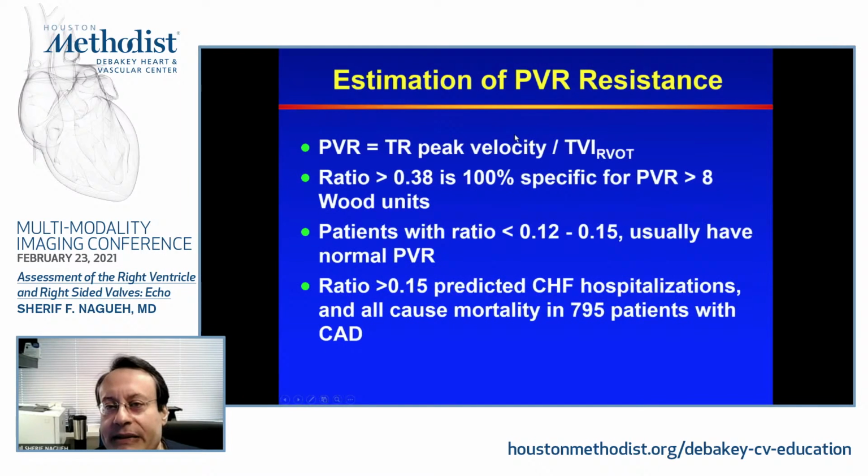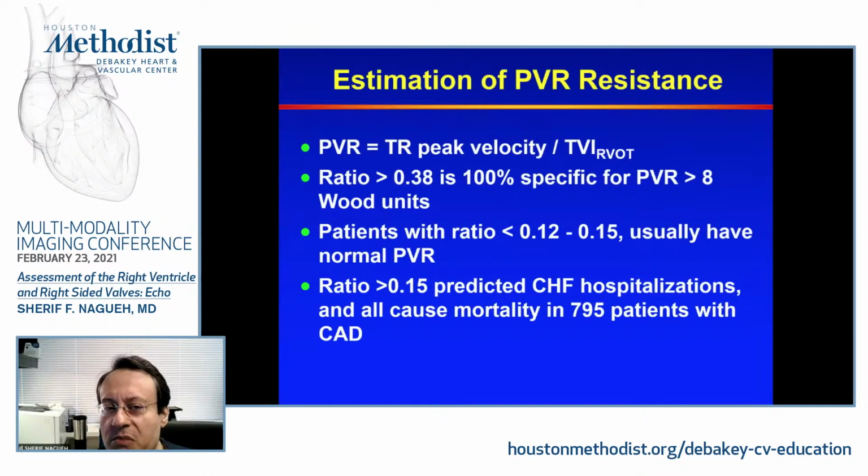To complement the assessment of pulmonary hypertension, we need to look at pulmonary vascular resistance. One method, called the Abbas method, validated by Drs. Abbas, Lester, and Schiller, used the peak TR velocity as a surrogate of the numerator you use in the pulmonary vascular resistance calculation.